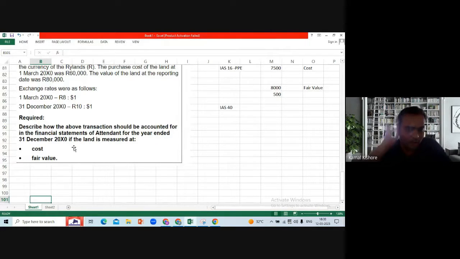Describe how the above transaction should be accounted for in the financial statements. Here disclosure requirement also you have to write, as to what is the disclosure requirement, two lines, not more than that.